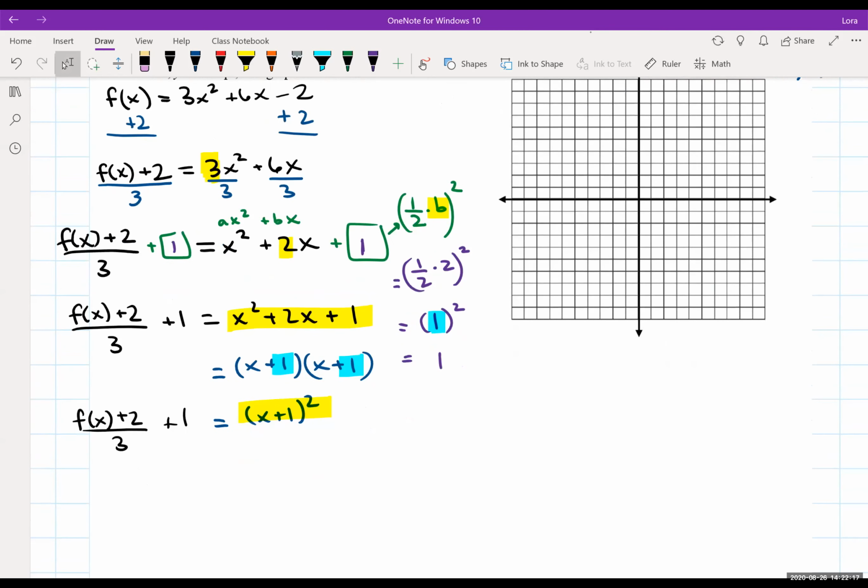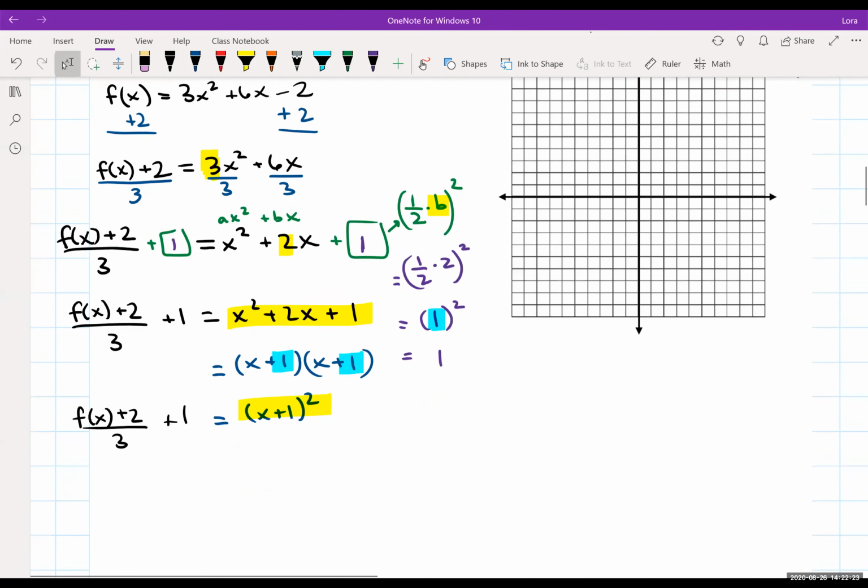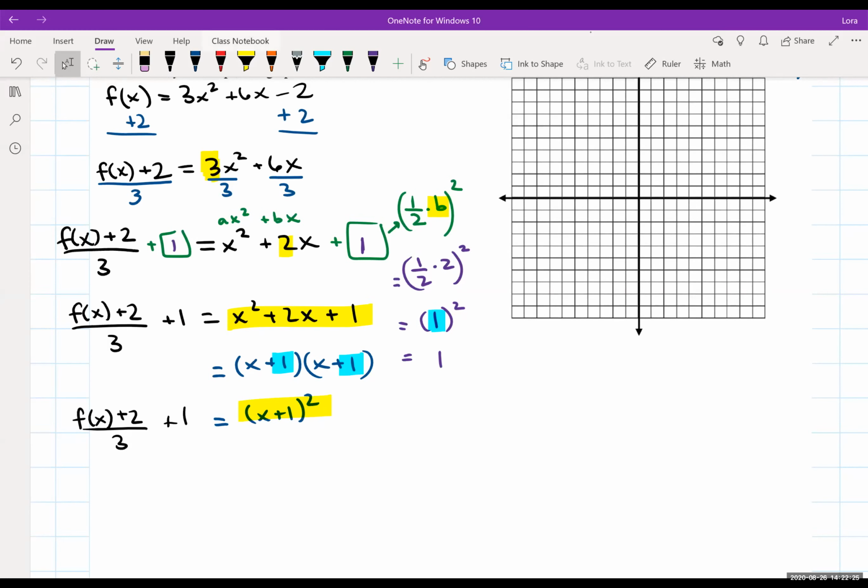If we were to now isolate f of x, we will have that vertex form. So that is the next thing I'm going to do. And maybe I'll make a note of it to remind myself if I'm taking notes. Isolate the f of x to get the vertex form. Maybe I'll use an exclamation point because I'm excited.